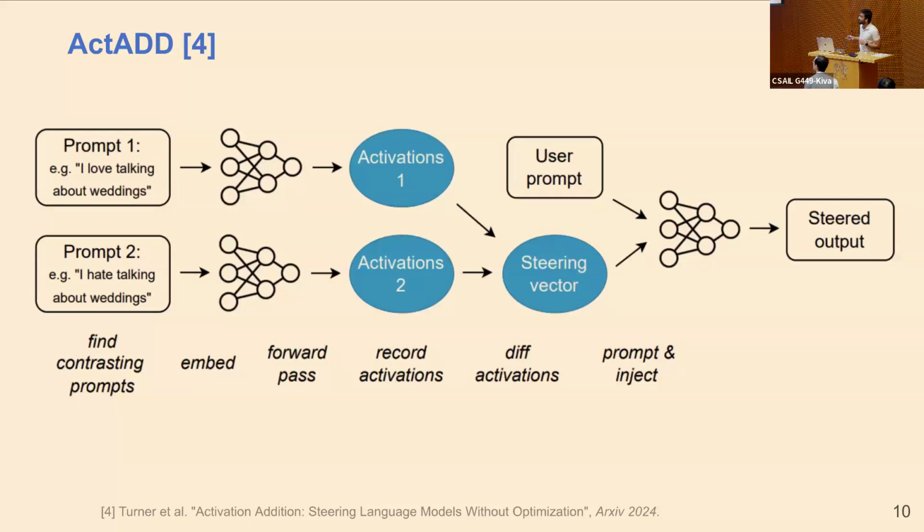They embed it through the network. They have activation 1, activation 2. This is the steering vector which they generate, which is the difference between these two embeddings, and they just add it to the LLM for the next generation step.